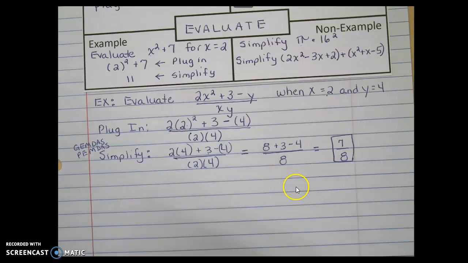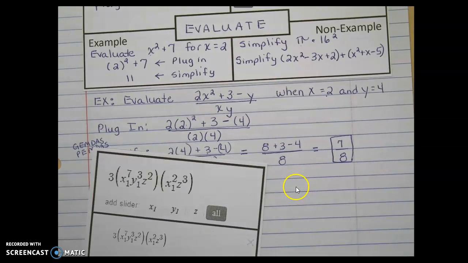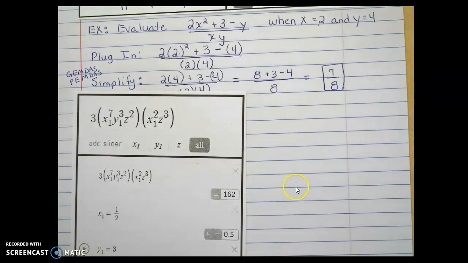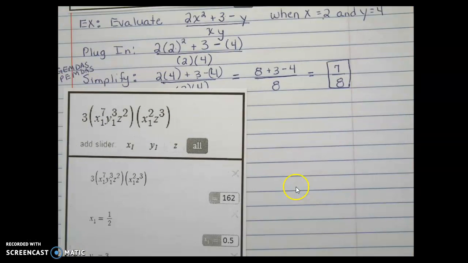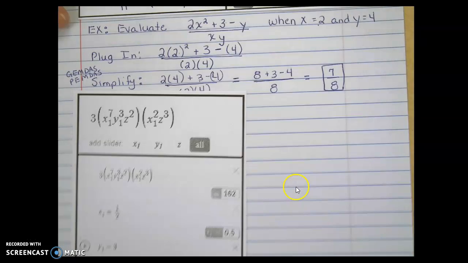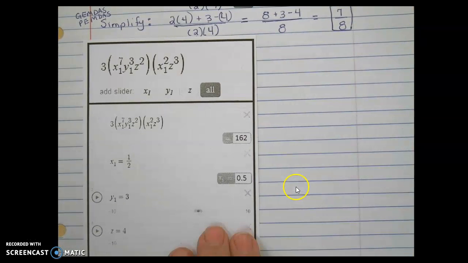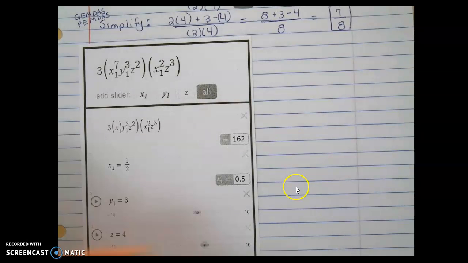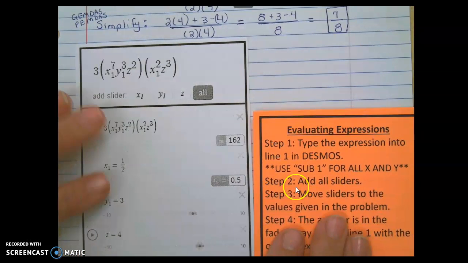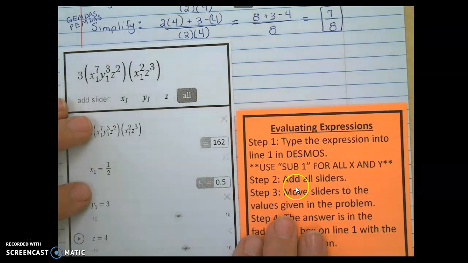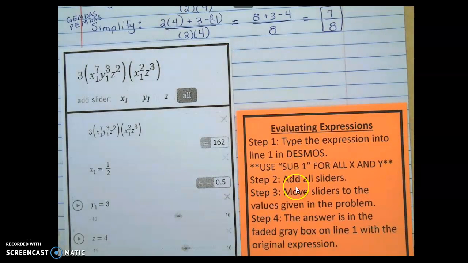Okay, first thing we're going to do, we have a little white piece of paper. We're going to glue it. Let me see if I can zoom out. We're going to glue it on the bottom left, and we want to save room for the orange one to the right. Remember, orange cards are always our Desmos instructions. Okay?